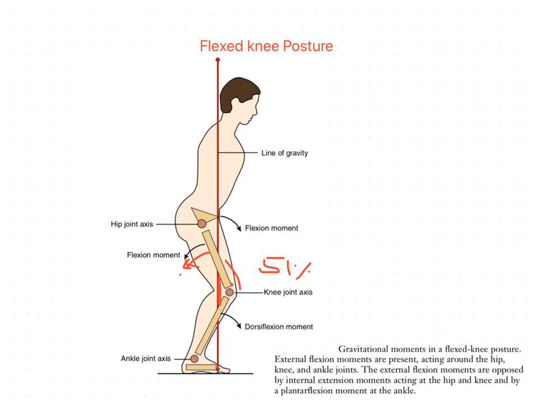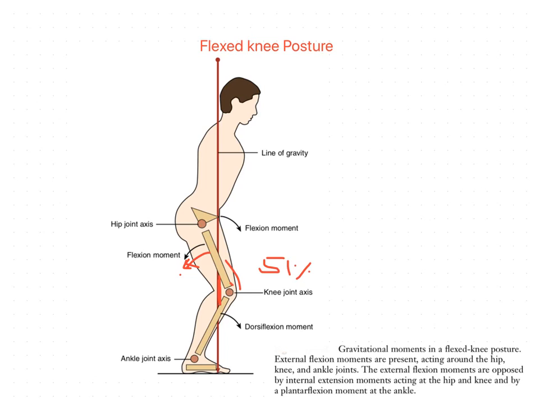Okay, it is going to reach up to 51%. The increase in muscle activity needed to maintain a flexed knee posture subjects the tibiofemoral and patellofemoral joints to greater than normal compressive stresses. So in the patellofemoral and tibiofemoral joints, the compressive stress is going to increase.